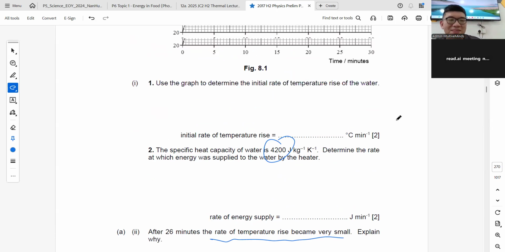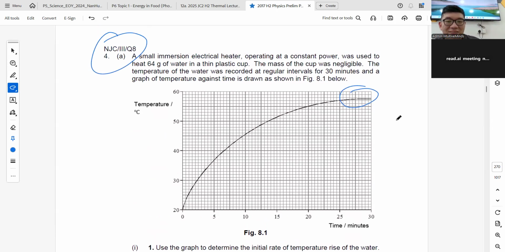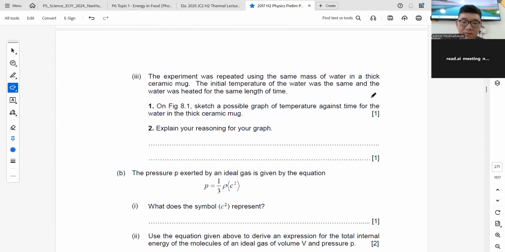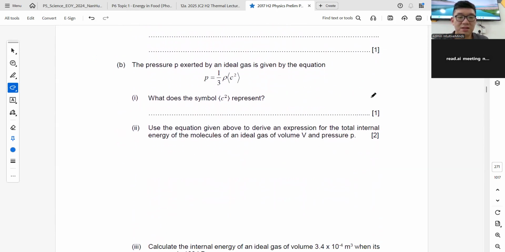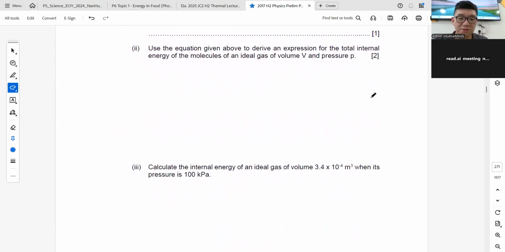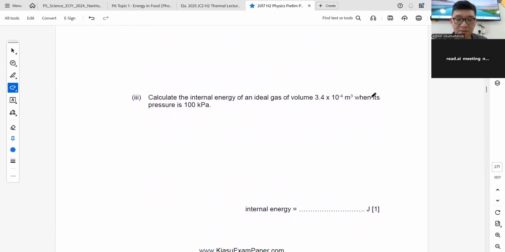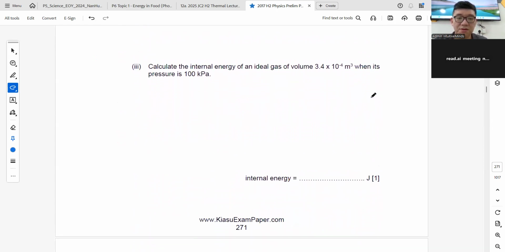Think of something else. Water is at 57.5 degrees Celsius. What could be happening? All right. This one you should be able to do. So I'll leave it up to you.